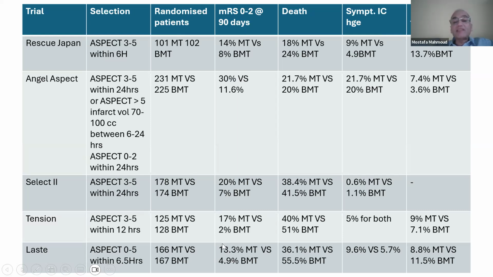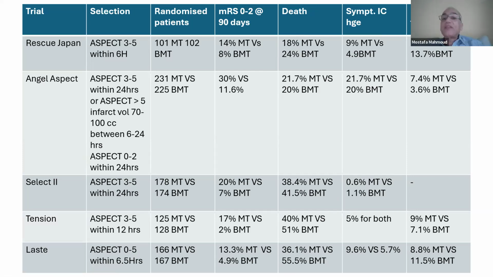This decline might be because they included 0, 1, 2, very low ASPECTS. And the death rate is roughly similar, around 20%: 18% in RESCUE-Japan, 21 in ANGEL-ASPECT, 38 in SELECT2, 40 in TENSION, 36 in LASTE.